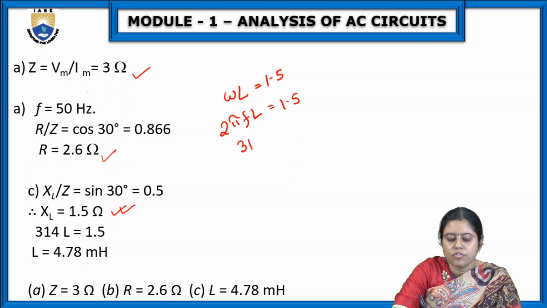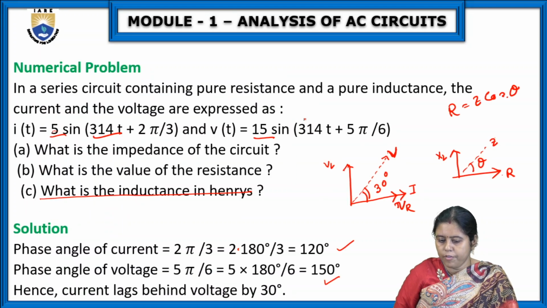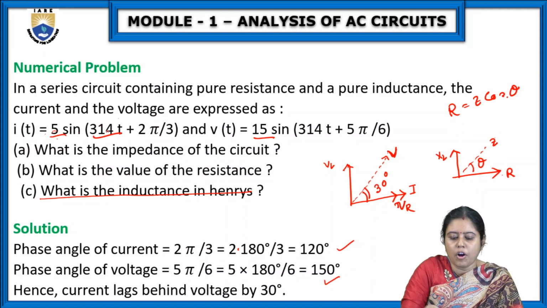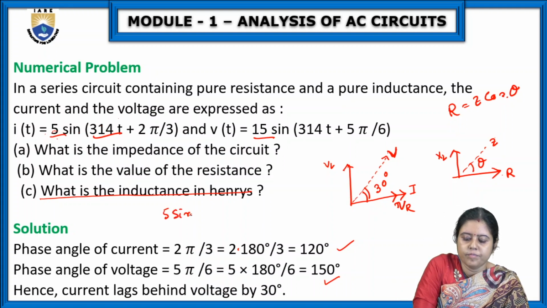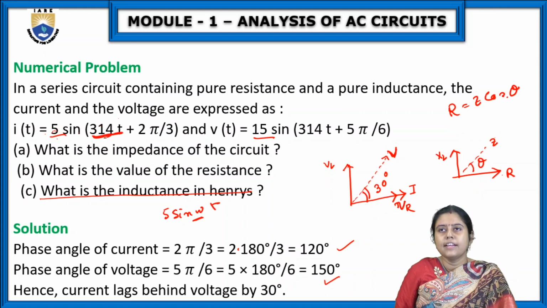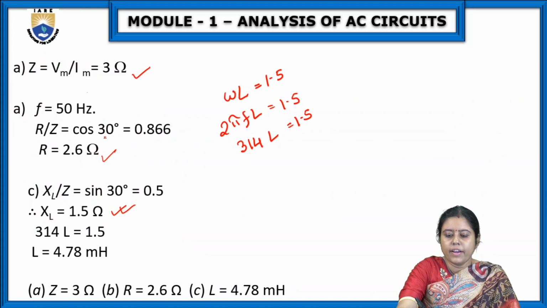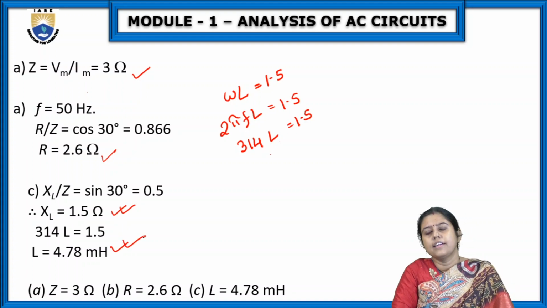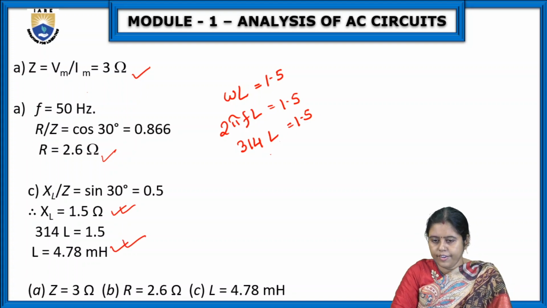So 314 L is equal to 1.5. Why? Because current is equal to 5 sin omega t, so if we compare, omega is 314. So 314 into L is equal to 1.5. So L is equal to 4.78 millihenry.